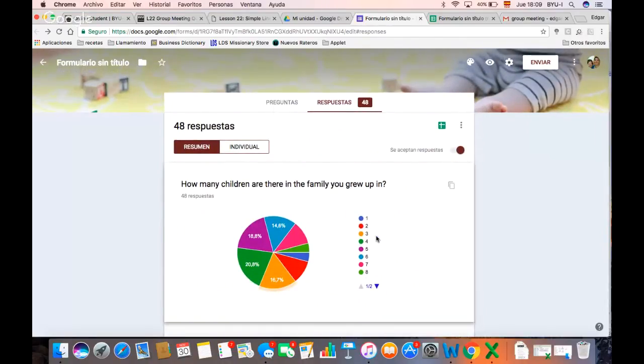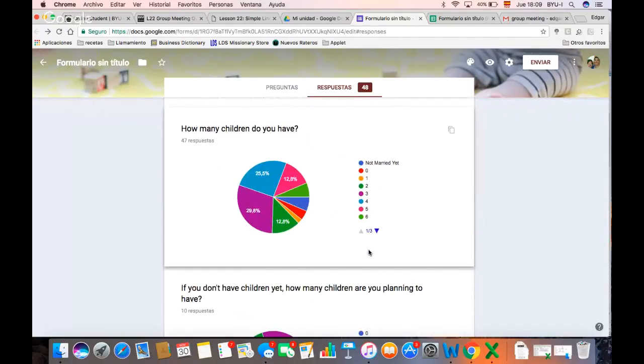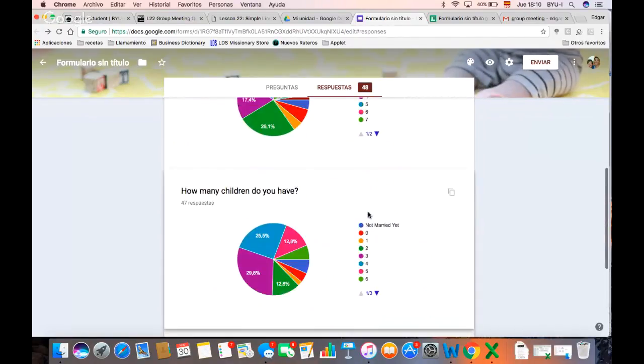It is interesting, for the data that we have with the 48 answers, 20% of the answers were people who grew up in a family with 4 children, and 25% of those 48 answers have 4 children in their own families. So, oh wow. At least by now there is a relationship between the number of children in the family they grew up in and the number of children they have. That's really interesting.